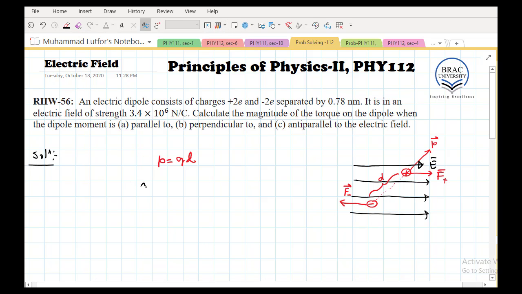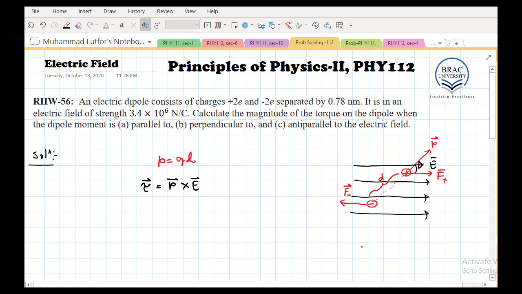We write down the formula for that torque. Since torque is a vector, it would be the dipole moment cross electric field. This is the formula we can derive from there. Say the dipole creates an angle with the electric field.